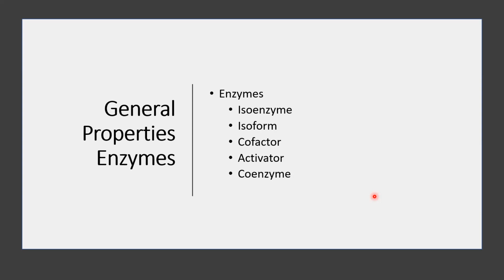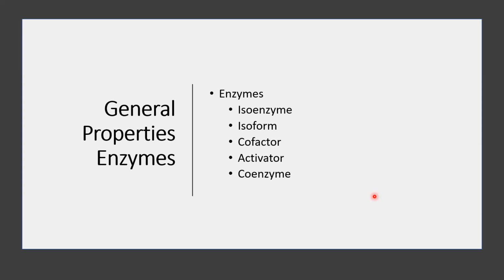Number two, solubility. Number three, resistance to inactivation. And number four, isoelectric mobility. So going back, when we say isoenzymes, it is used to differentiate our enzymes.